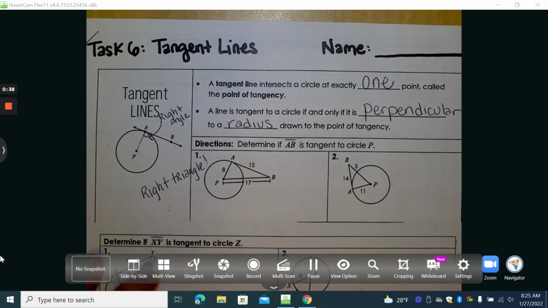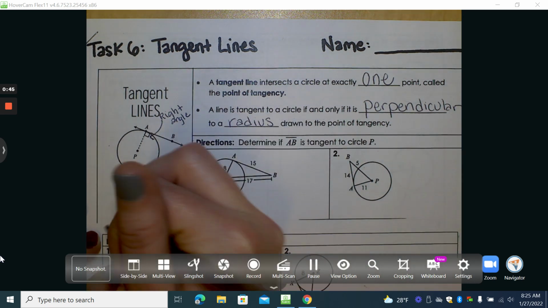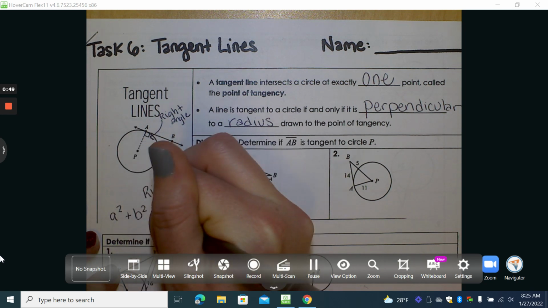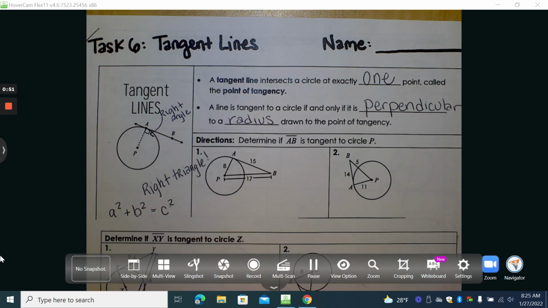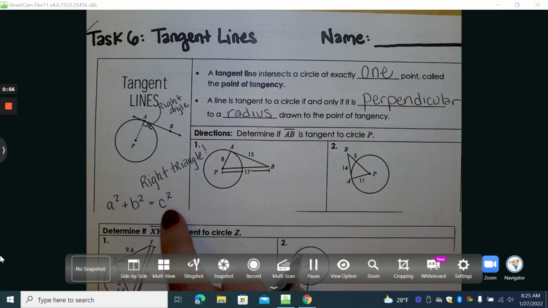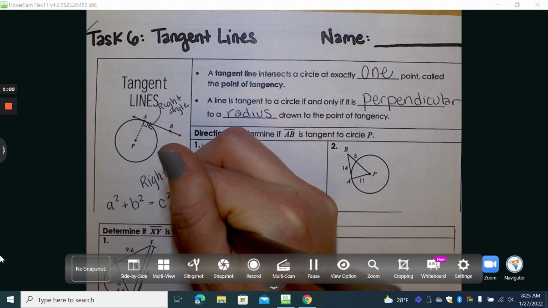Right triangles, which means in order to determine if something's tangent, I could always check my Pythagorean theorem. A squared plus B squared equals C squared. This is a phrase that we should know really well at this point. C is my longest side, it's my hypotenuse.